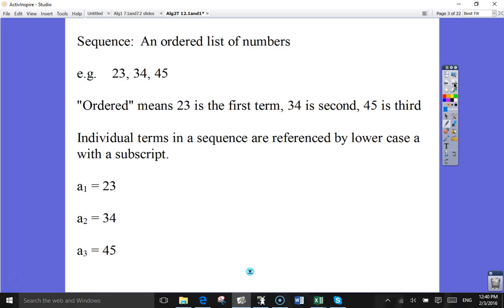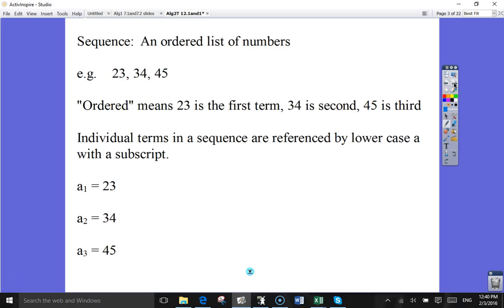It's Latin abbreviations, not that I speak Latin. So 23, 34, 45 is an example of a sequence of numbers, because it's three numbers, and order is important. It would be a different sequence if I changed the order. If I made it 45, 34, and 23, that's not the same sequence.